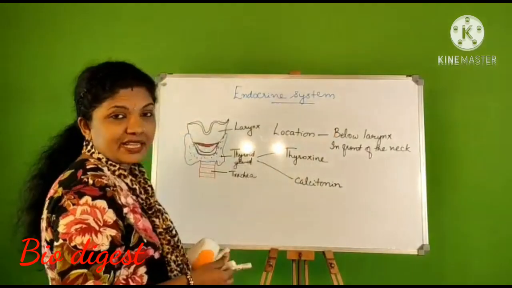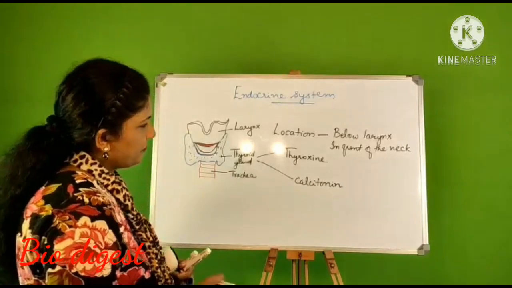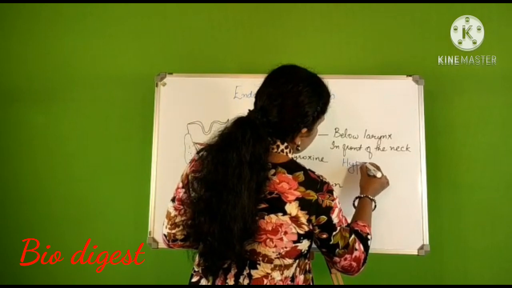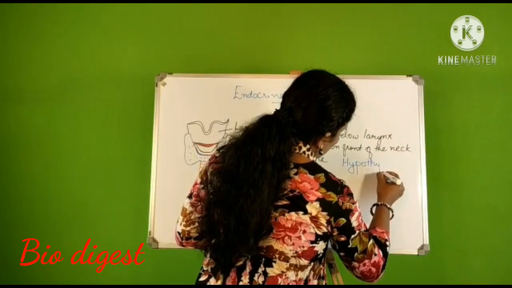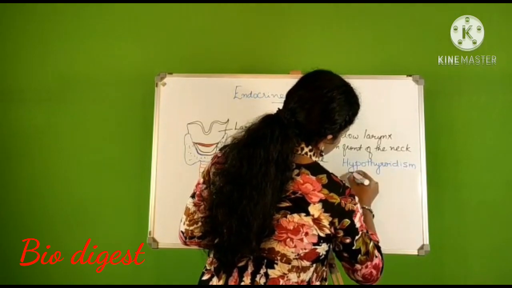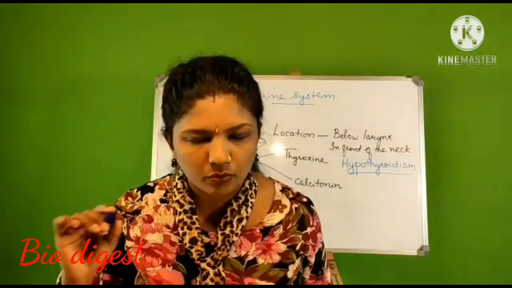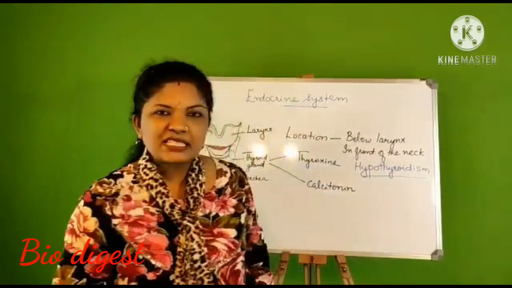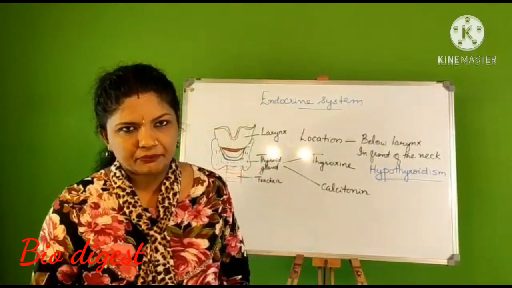Now, under secretion and over secretion of thyroxine can happen in the body. Under secretion is what is called hyposecretion. So it is known as hypothyroidism, which means under secretion of thyroxine hormone. What are the symptoms that result due to hypothyroidism?